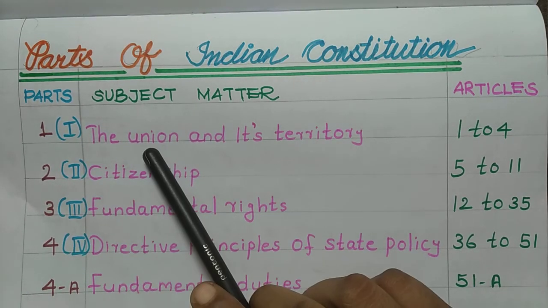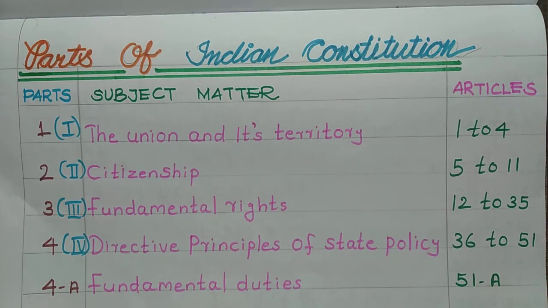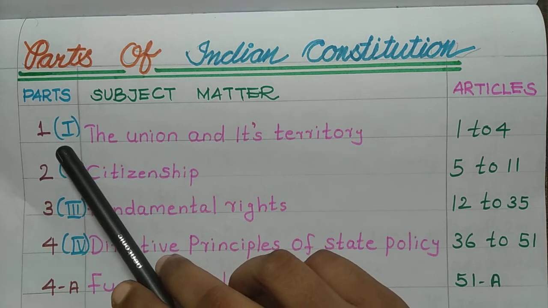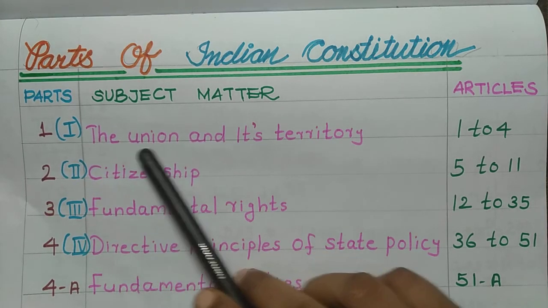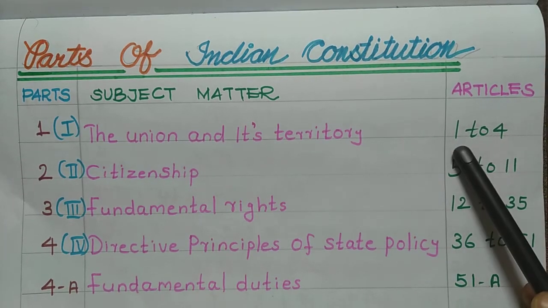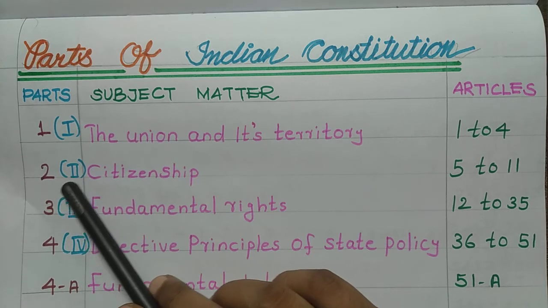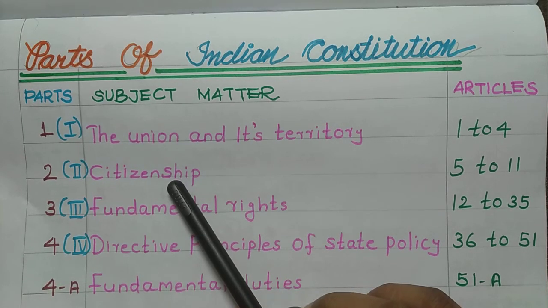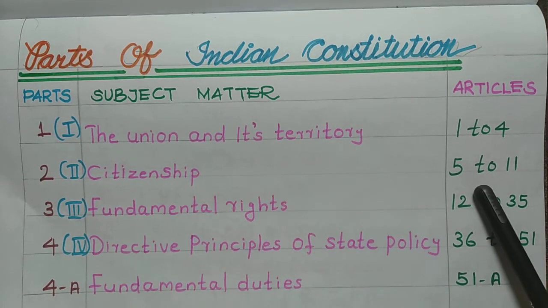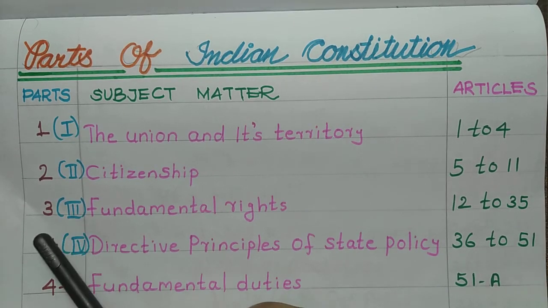First part, the Union and its territory. So the subject comes under Part 1, Union and its territory, and the related articles are 1 to 4. Part 2, citizenship, the related articles are 5 to 11.